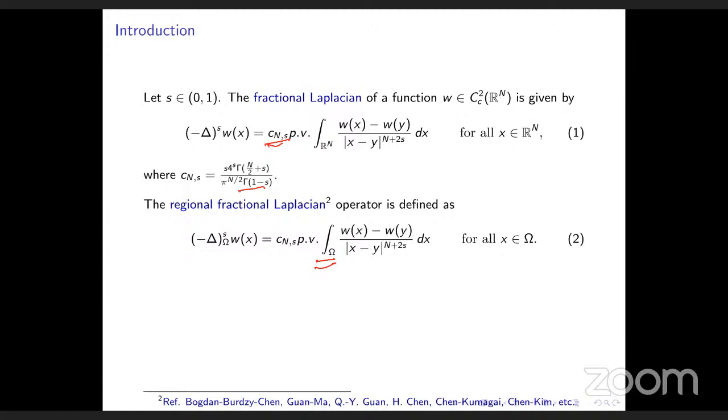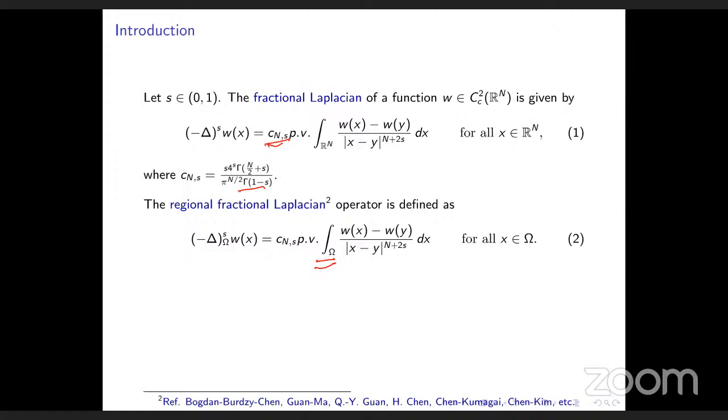The regional fractional Laplacian is generated by a process obtained from that one, but this Levy process is not symmetric. Still, it is an interesting process because it allows us to understand particles that are censored to jump outside omega.